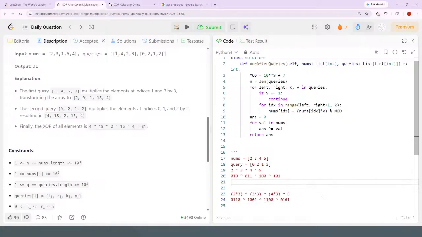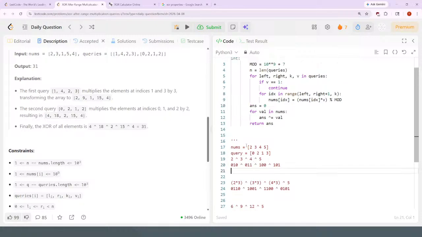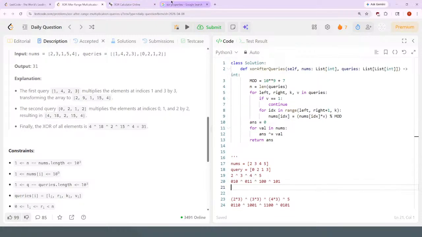Alright, so actually, what is 2 XOR 3 XOR 4, XOR 5? Let's try to calculate this out. XOR has to be one or the other, but not both.